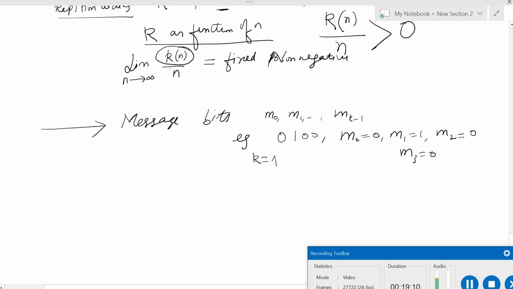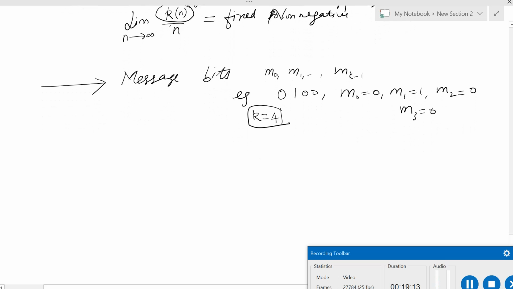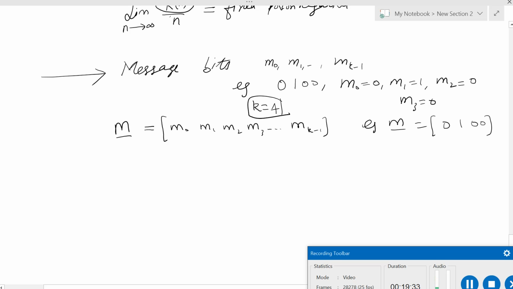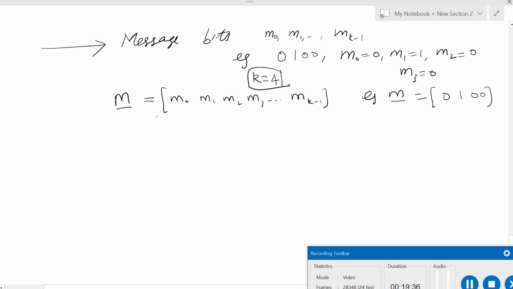So your k is here 4, the message bit length. And I can represent the overall message as a vector m0, m1, m2, m3 up to m k minus 1, for example 0 1 0 0. Now this is a k-bit message, and how many different messages can we have? We can have 2 to the power k distinct message blocks.